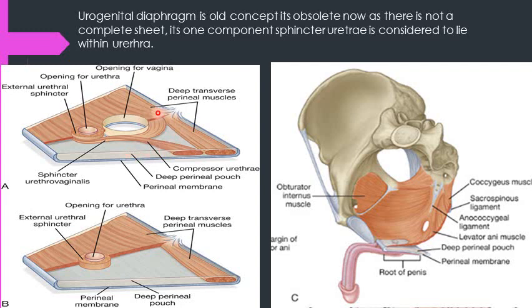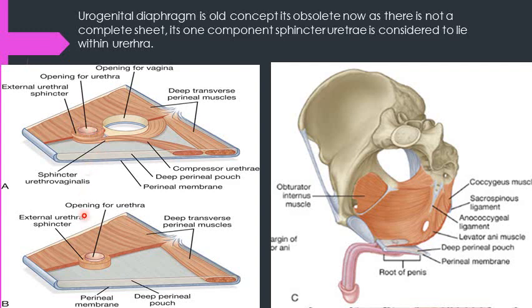But now the concept of the urogenital diaphragm is obsolete, and it has been studied and noted that the sphincter urethrae muscle is actually the muscle which is present along the walls of the urethra. So these are present in the urethra and making up its wall. It is not a separate muscle. So only the deep transverse perineal muscle is present, and the sphincter urethrae is making up the external urethral sphincter, which is part of its wall.